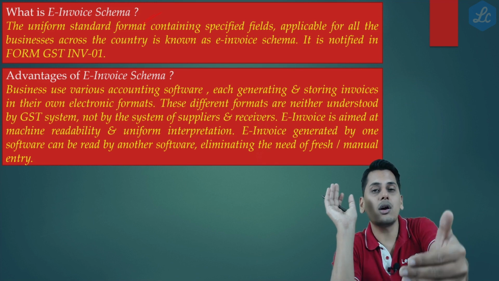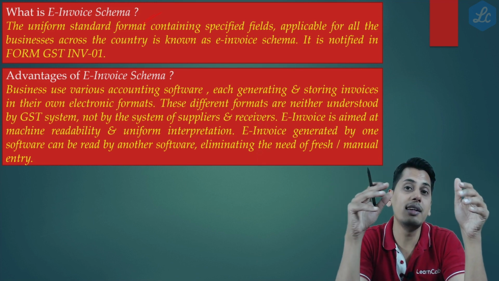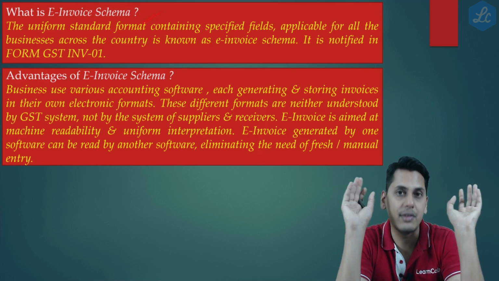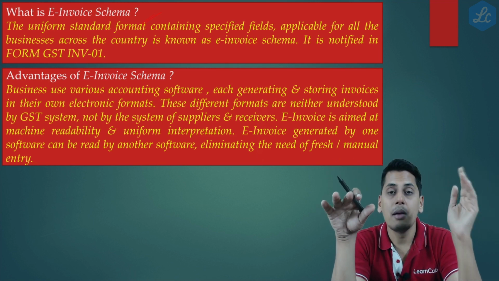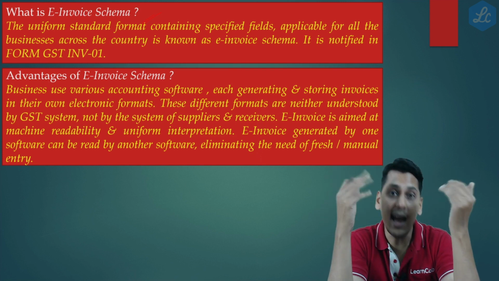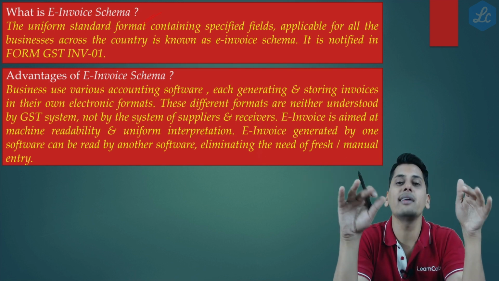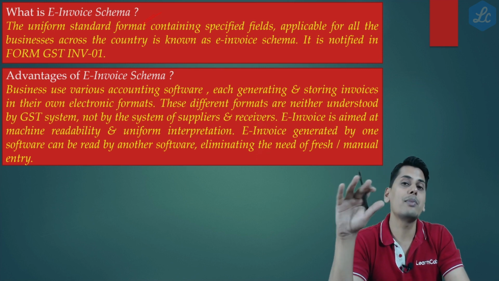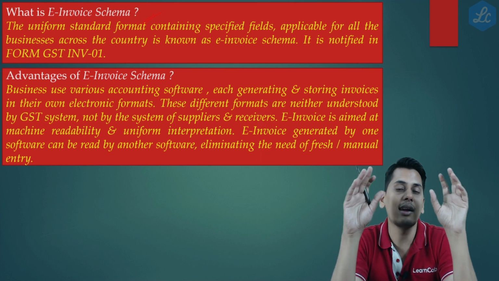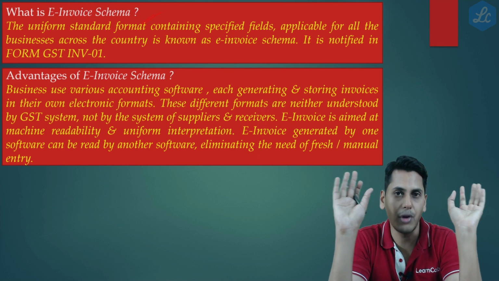Now friends, your accounting software can easily read the details which are available in form GST INV01. So friends, now machine readability is being enabled. My sales can automatically, or in the longer run, can automatically get recorded as a purchase entry in your books of accounts. This could happen when both these machines are understanding a common or a standard format.